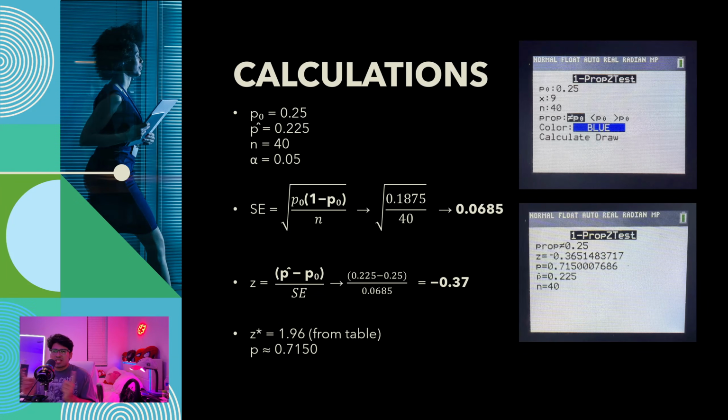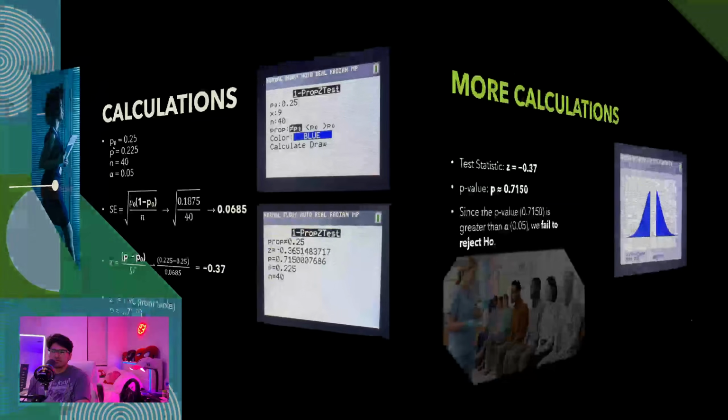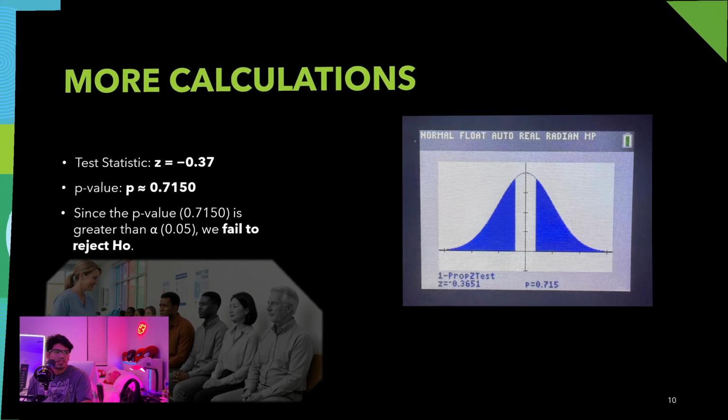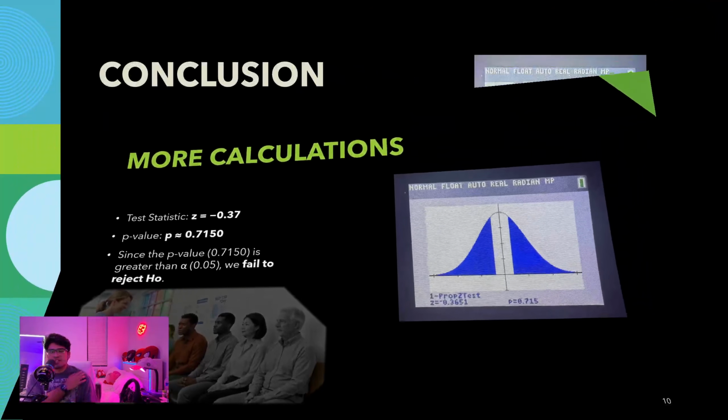Since it's a two-tail test, my critical value is 1.96, and my p-value is about 0.715. And here I have the graph that shows this data. That was done with the TI-84 calculator.